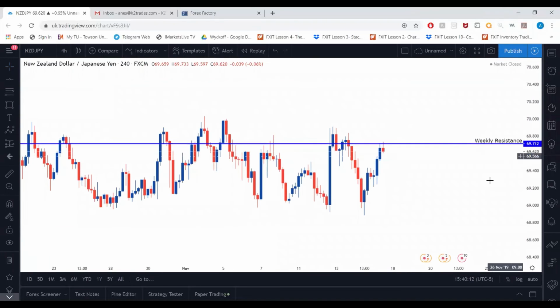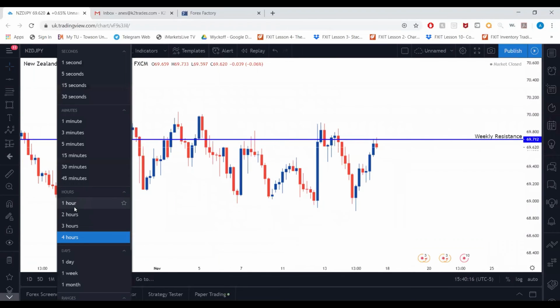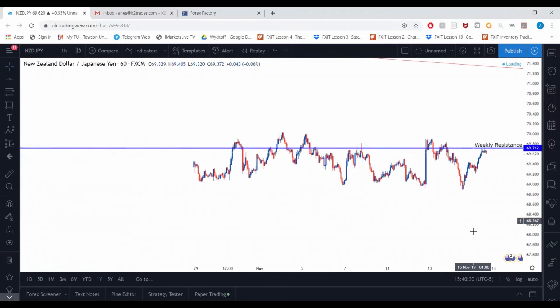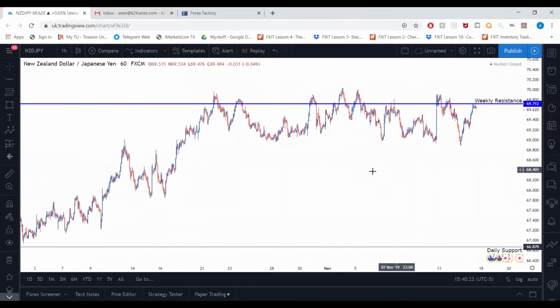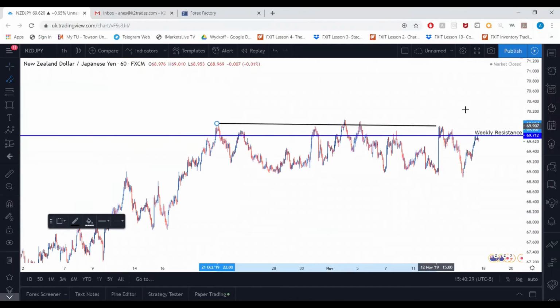All right, so I would like to see how it opens because it's JPY, but I do favor that sell outlook. I do. I really do. Honestly, it just looks like it's been trading in this channel for a while.